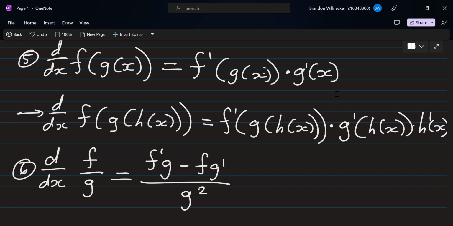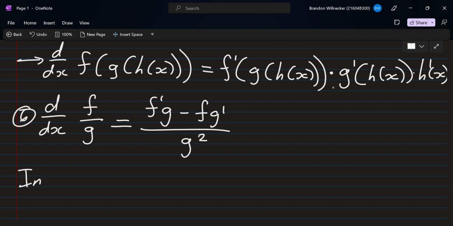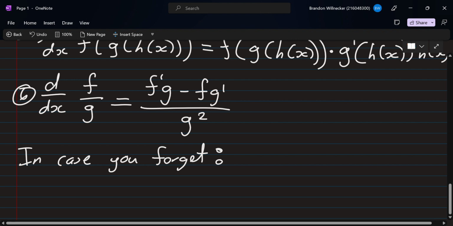Now, you could just remember this as the quotient rule, but if you do forget it, we could also rederive the quotient rule using the chain rule and the product rule. In case you forget, instead of writing it as a quotient, we can write it as d by dx of f of x times g of x to the minus 1.